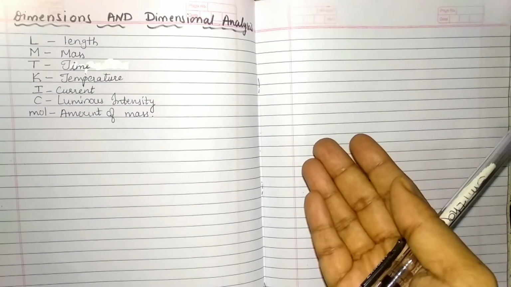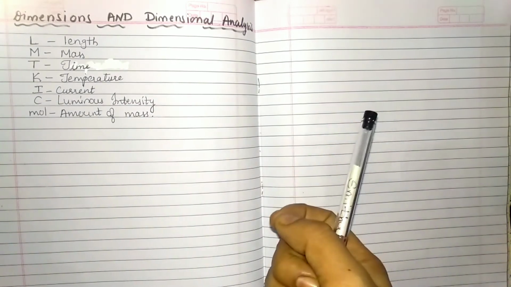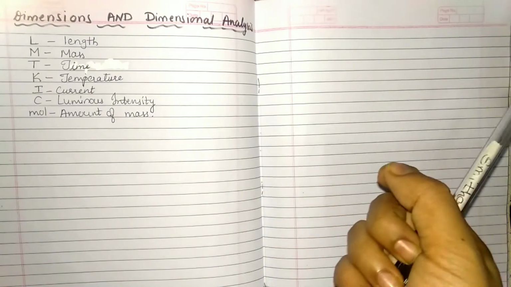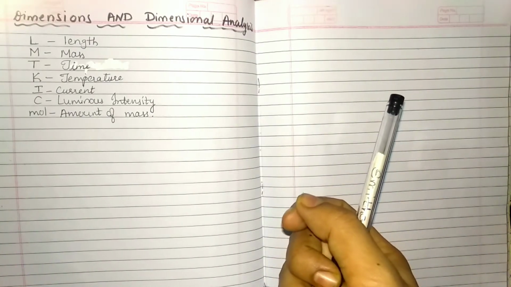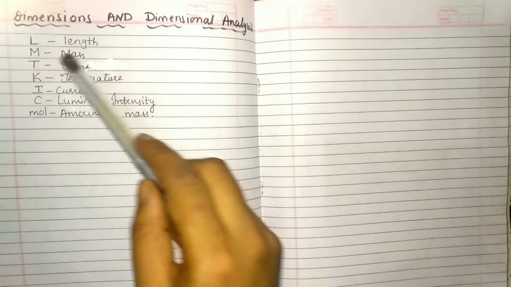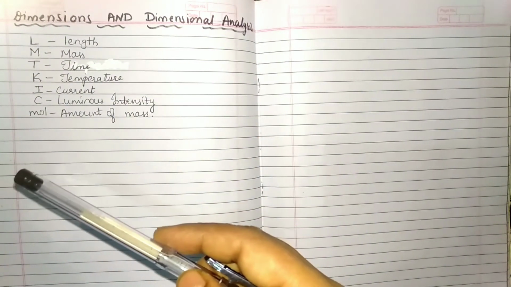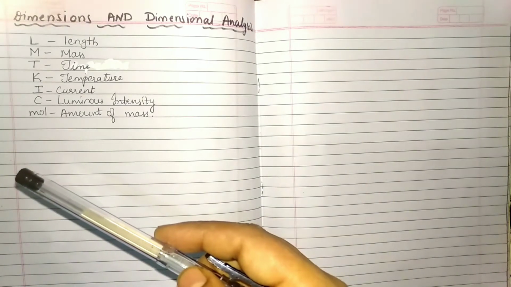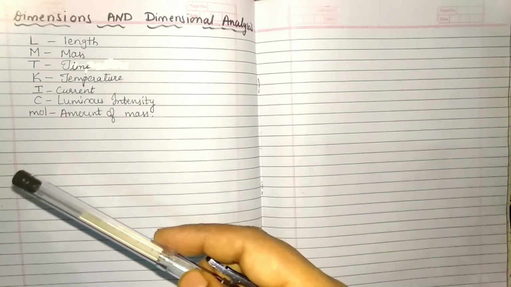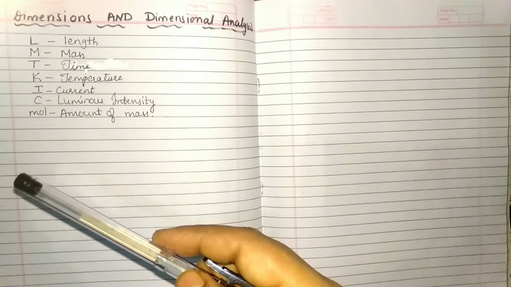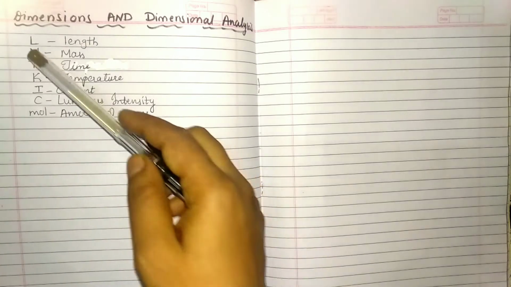For example, if you take a piece of wire, it has a length. So we can say it has a dimension of length. If you take any object which has a mass, then we can say this object has a dimension of mass.